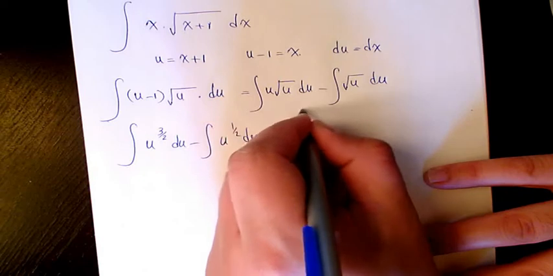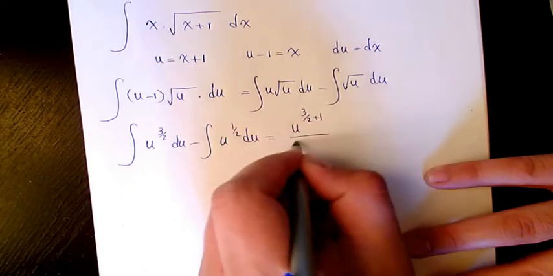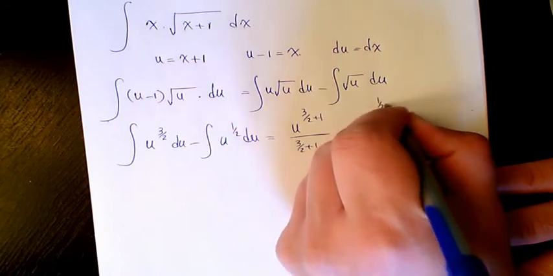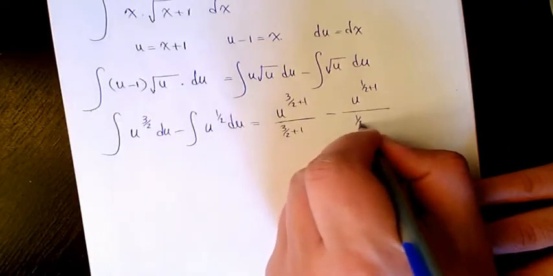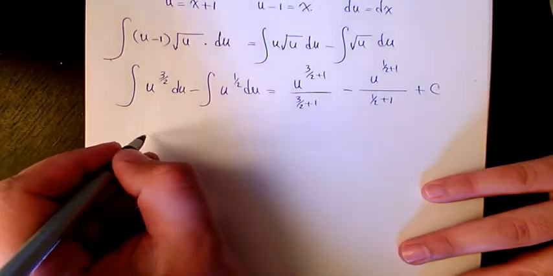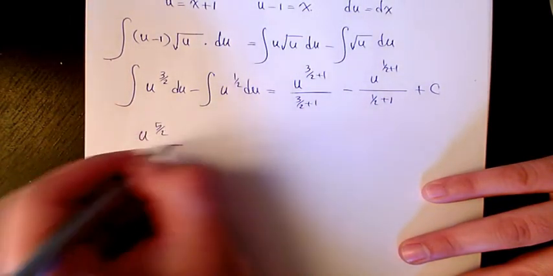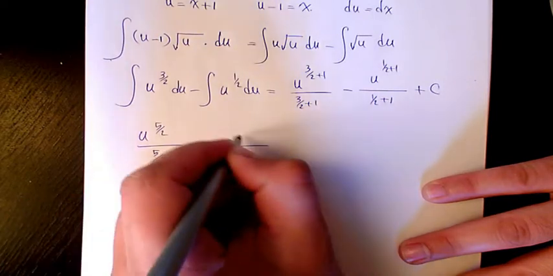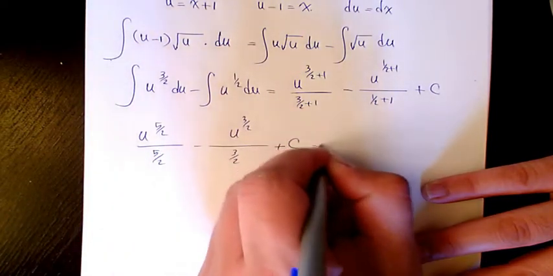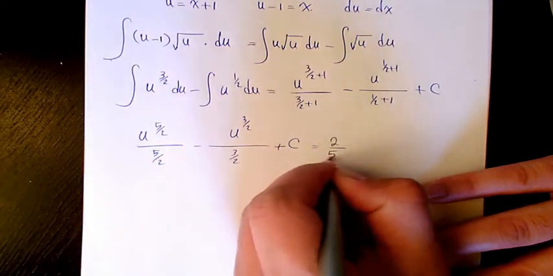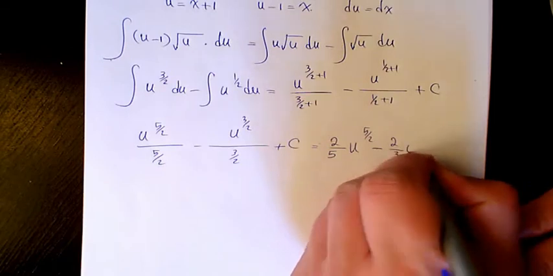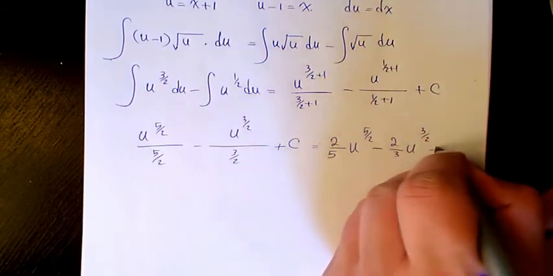So we have u to the power of 3 over 2 plus 1 divided by 3 over 2 plus 1, minus u to the power of 1 over 2 plus 1 over 1 over 2 plus 1, plus c. So we have u to the power of 5 over 2 over 5 over 2 minus u to the power of 3 over 2 over 3 over 2 plus c. So that's going to be 2 over 5 u to the power of 5 over 2 minus 2 over 3 u to the power of 3 over 2 plus c.